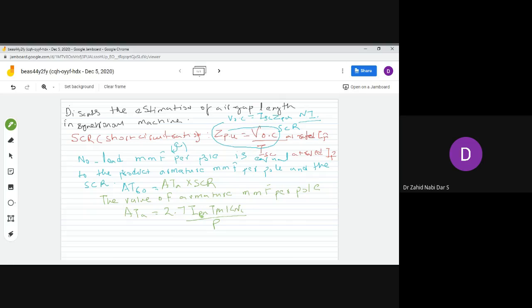So this 2.7 T phase K phase was my no load MMF. The value of no load MMF can be estimated. How? By assuming a suitable value for short circuit ratio.